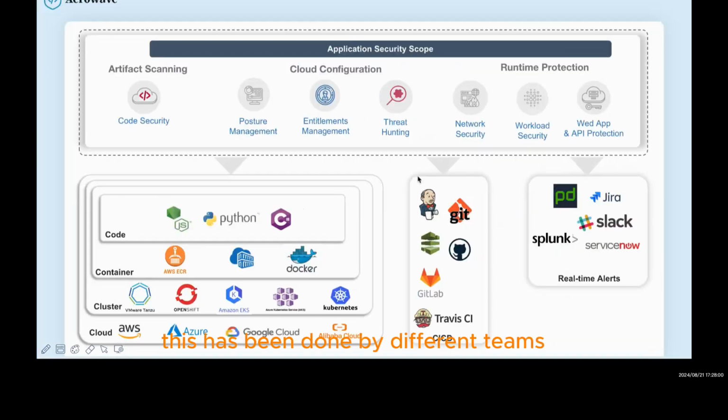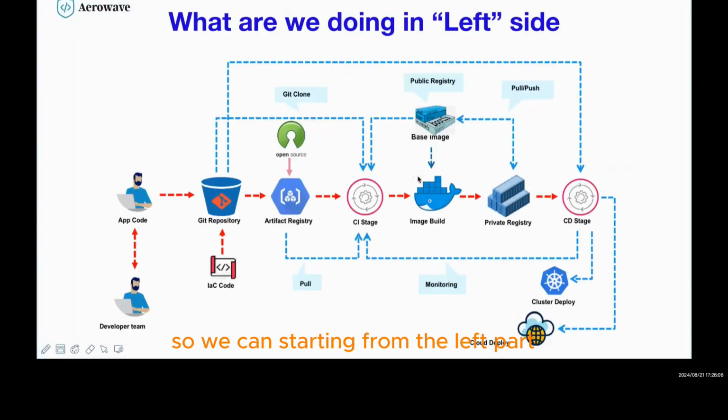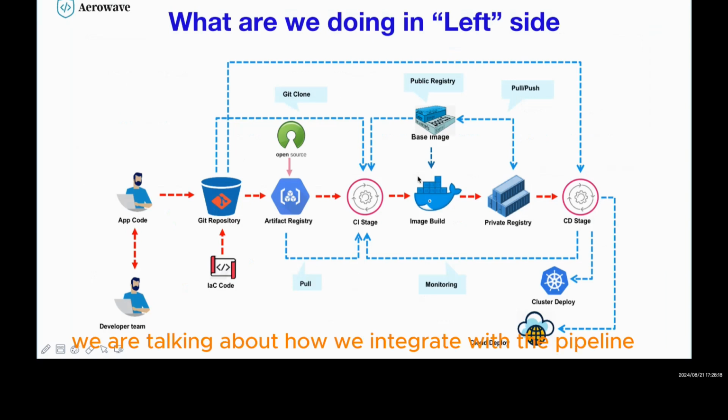And usually this is done by different teams with different toolsets. We can start from the left part. Why do we call it the left part? Because when we talk about code security and DevSecOps, we usually talk about shift left. In the left part, we talk about how we integrate with the pipeline.